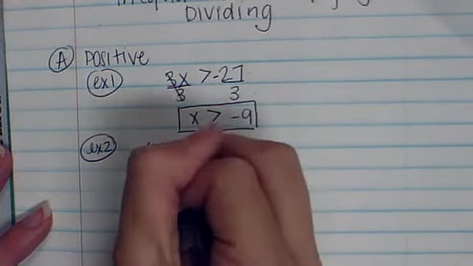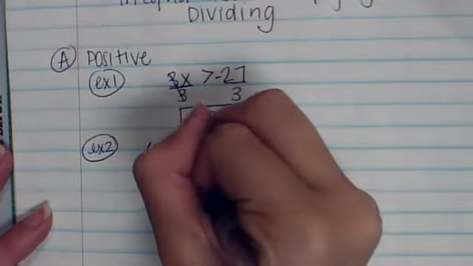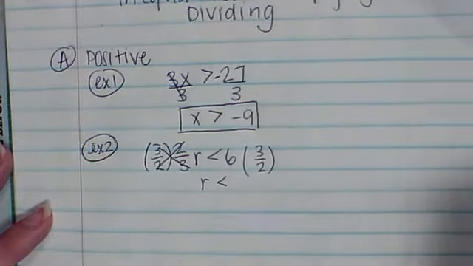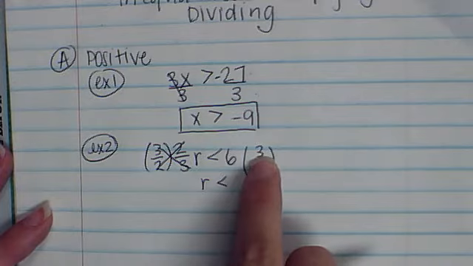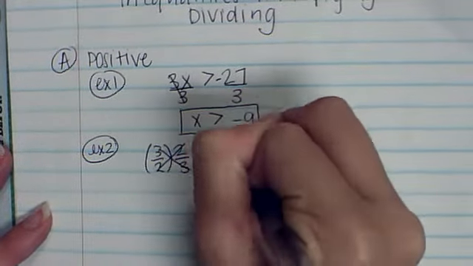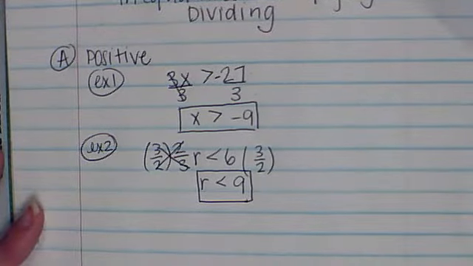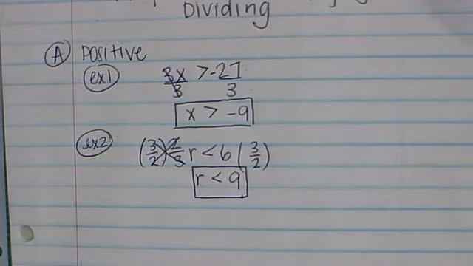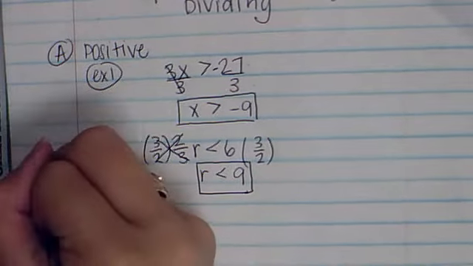On the first side, the 2's will cancel and the 3's will cancel, and I will be left with r is less than, and now 6 times 3 is 18, divided by 2 is 9. If you're not comfortable dividing or multiplying by fractions, you could always do that in your calculator using the parentheses and the division key.